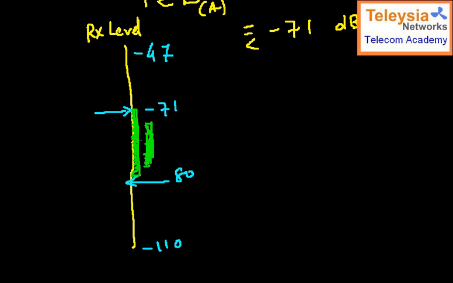But this is cell B and this is cell A, this is the F1 frequency and this is the F2 frequency. If cell B is coming stronger and stronger as I move towards the B direction, and cell B goes beyond 71, maybe 70 or 69, or whatever level, then it will start creating a problem.